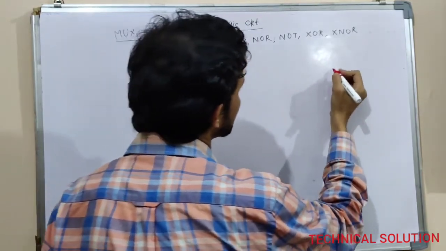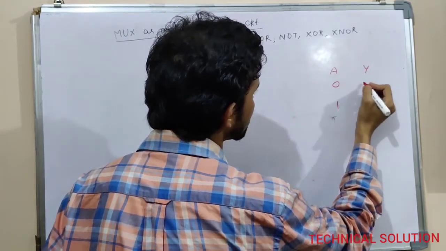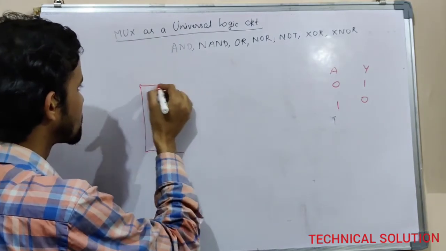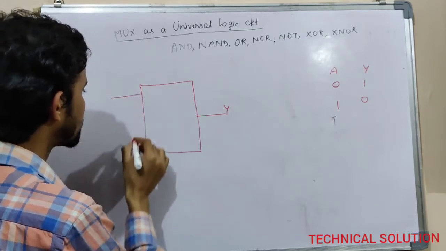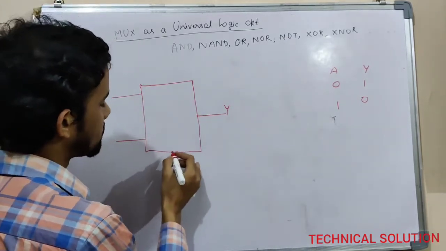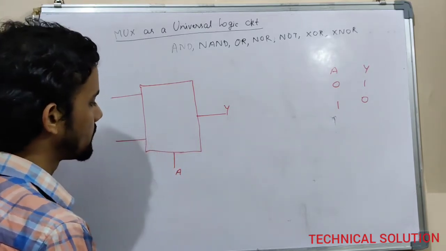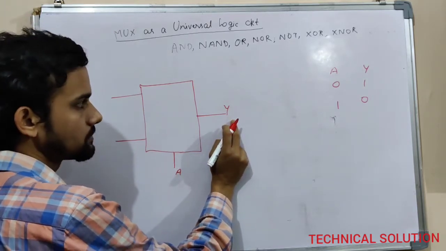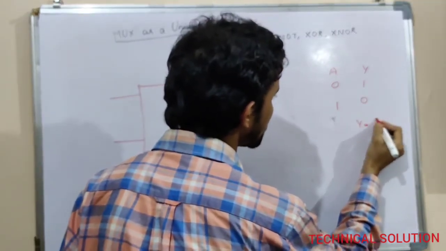Okay, how to design a NOT gate using a multiplexer? The truth table of the NOT gate has only one input A and output Y, 0 1 1 0, using a 2 cross 1 mux. Let us suppose this is the selection line A. If it is 0, then we get output as 1, and the expression for this NOT gate is Y equals A bar.